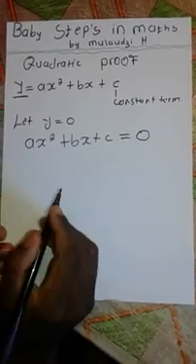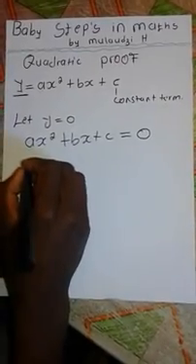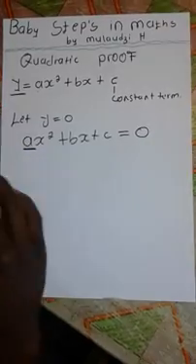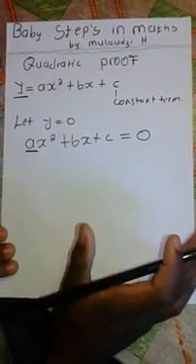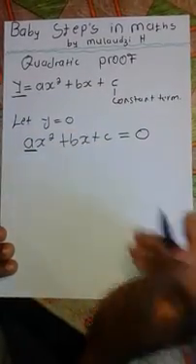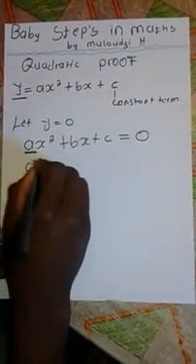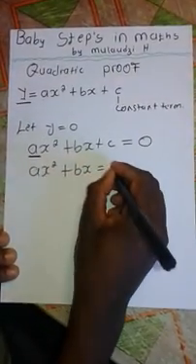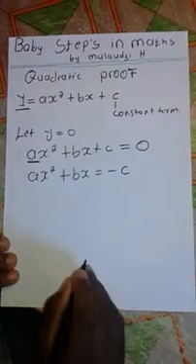It means that now I'm going to get rid of my a. I'm going to divide both sides by a. But before I can do that, I have to take our c to the other side. It means that I'm going to have ax squared plus bx is equal to minus c.